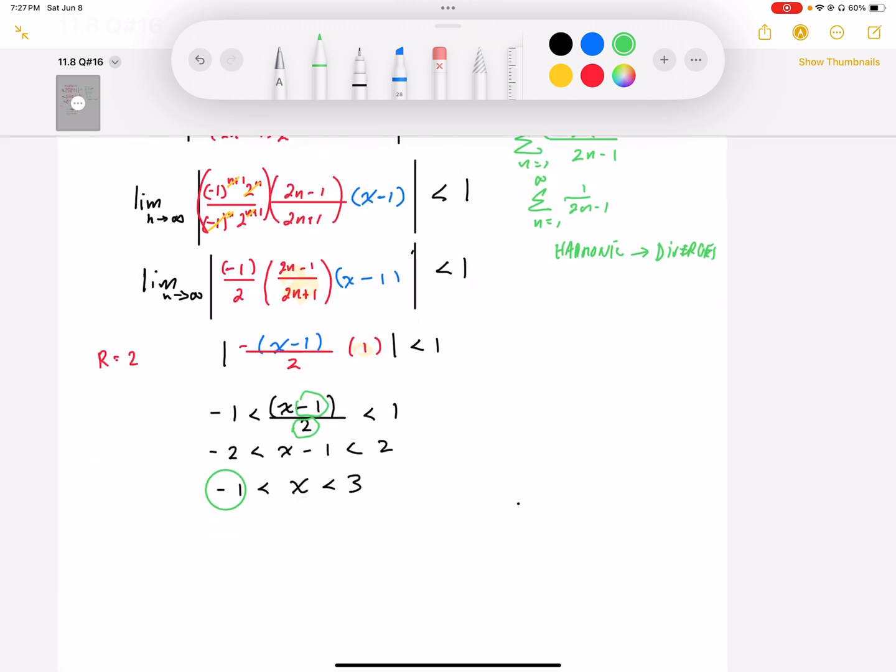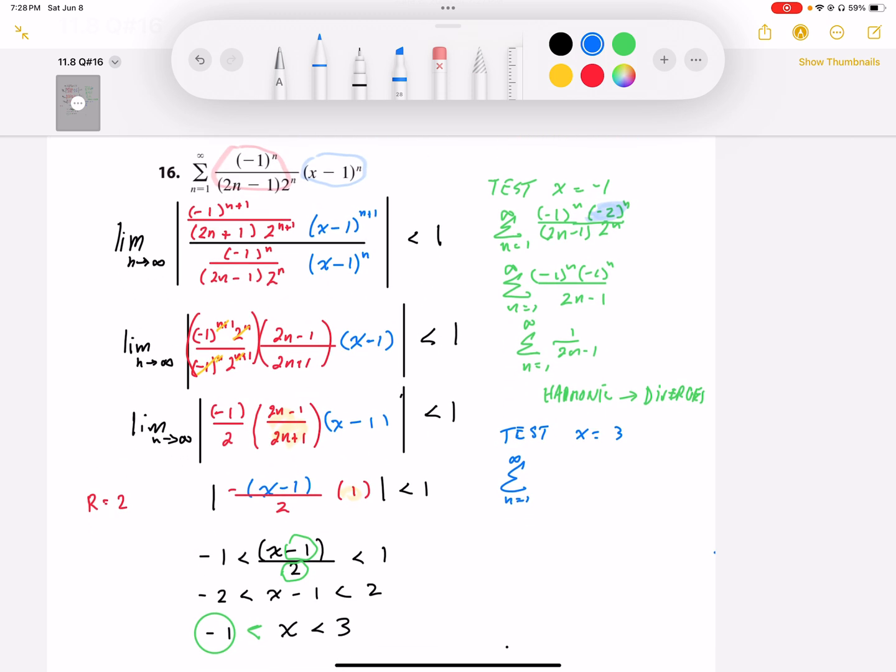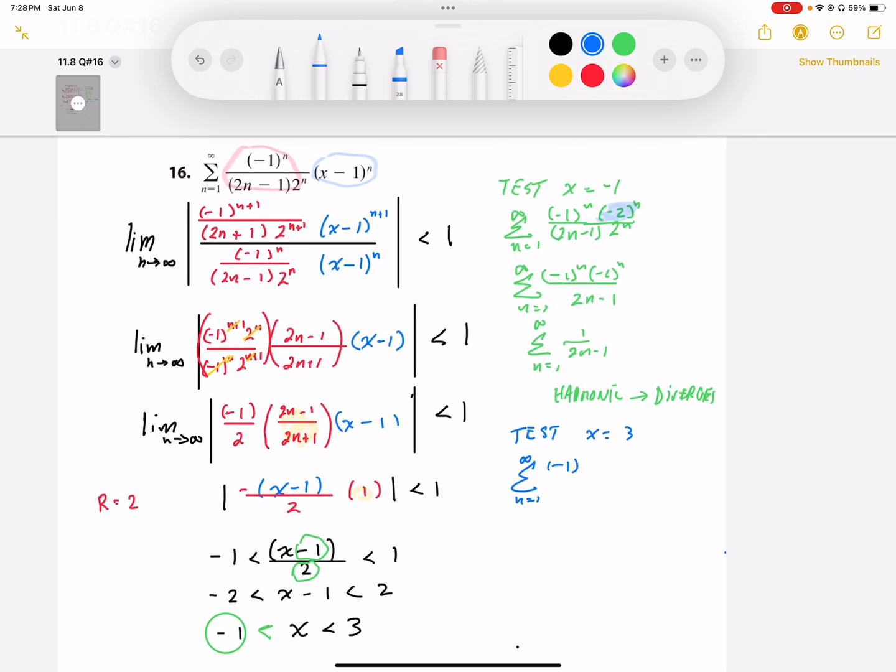So I know that my endpoint there is going to be just bigger than -1. Now I'm going to test the other endpoint, x equals 3, in that series. So n equals 1 to infinity, and that becomes -1 to the power n, and 2 to the power n.